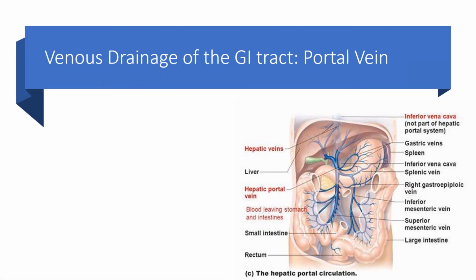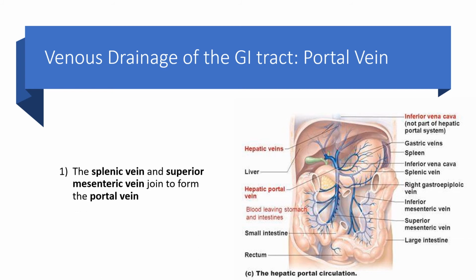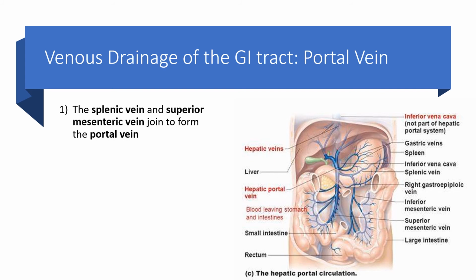Now let's talk about the venous drainage of the GI tract. And we're mainly talking about the portal vein here. So it's actually pretty simple, because the splenic vein and superior mesenteric vein join to form the portal vein.